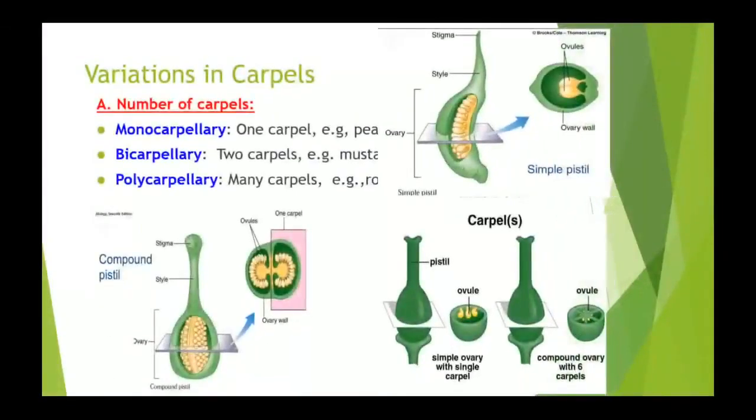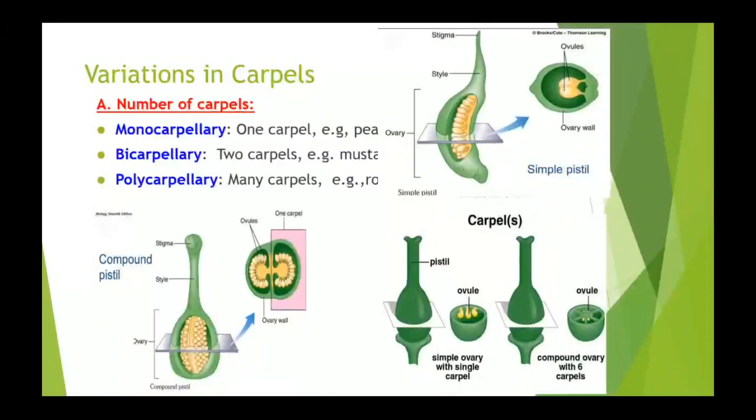Then similarly, as with variations in stamens, there are also variations in carpels, but these variations are somewhat simpler. The first one is the number of carpels. On the basis of the number of carpels, we can recognize which type of flower it is.